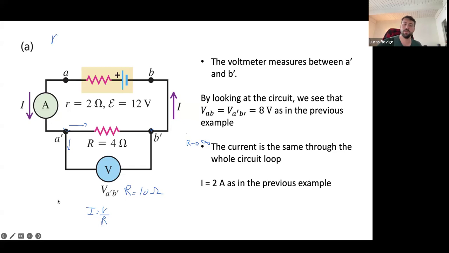So infinite resistance prevents your voltmeter from messing with the current in your system, and also protects it from being fried by the current in the system.